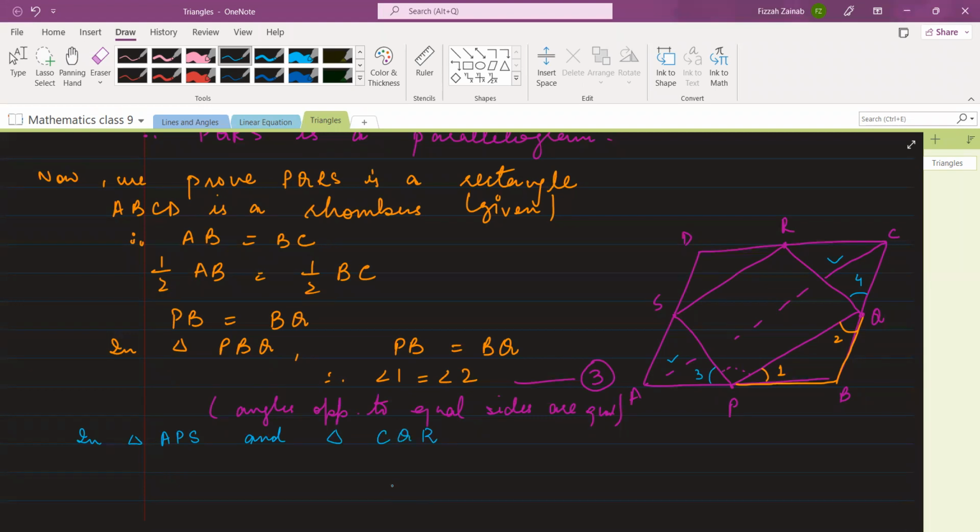So now what do we have? First of all, see the outside is a rhombus.